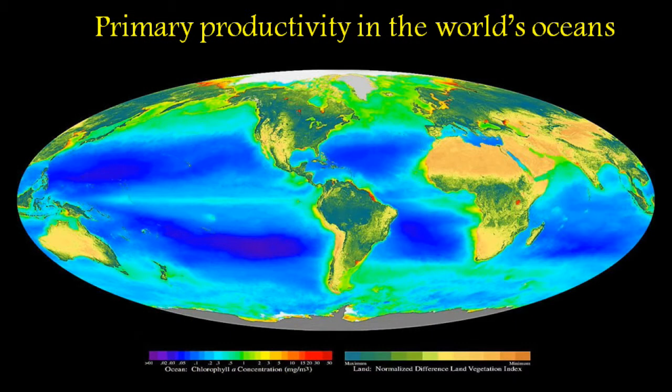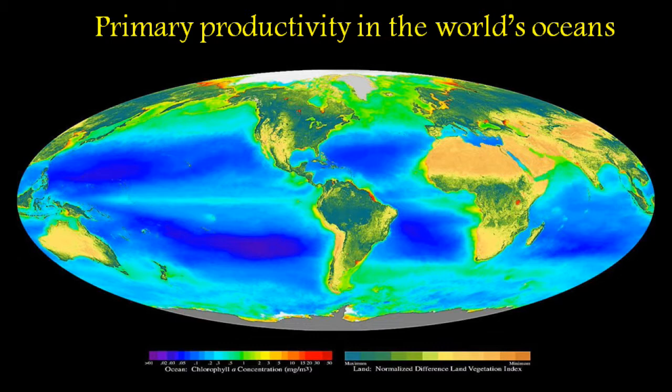So here's an amazing picture of the primary productivity in the world's oceans. This is taken through satellite imagery, and you can see the different colors on land, the different colors in the ocean. And basically, if you look at the ocean color, the redder it is, that means the more chlorophyll A that can be found in that area in terms of milligrams per cubic meter.